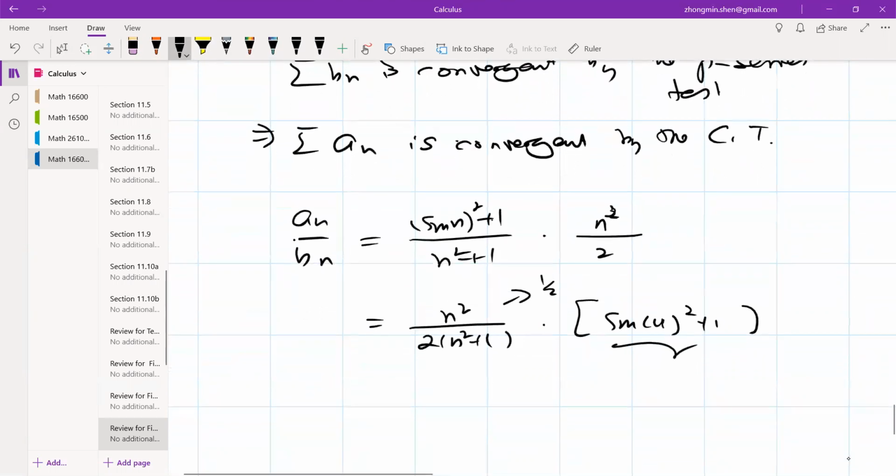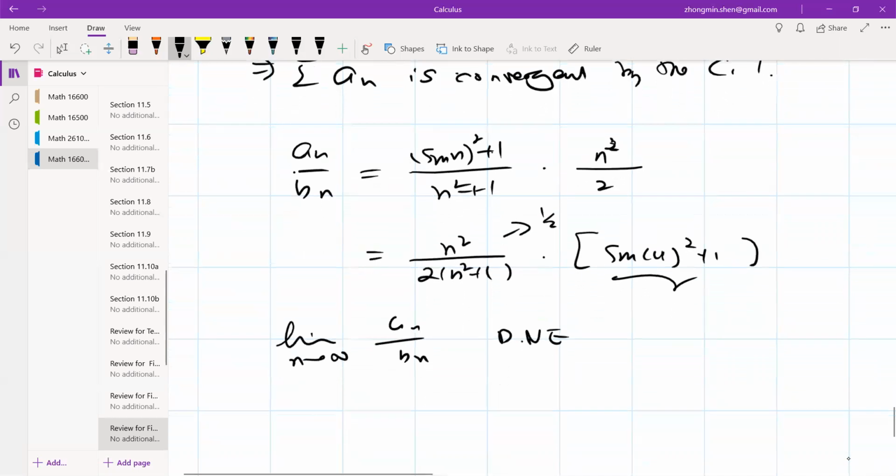So if you look at the limit, this limit does not exist. It's hard. You cannot use the limit comparison test, because the limit has no limit.